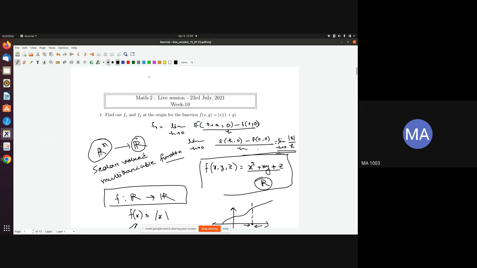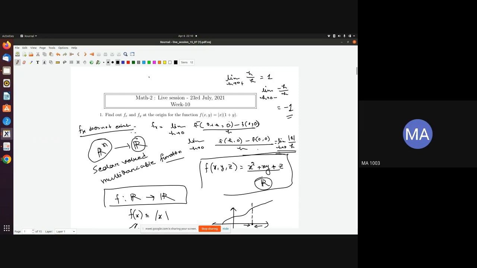Then mod h is plus h, so it is 1. When h is coming from the negative side, mod h is minus h, so minus h by h will give minus 1. So this limit does not exist. So fx does not exist. Okay. Got it?